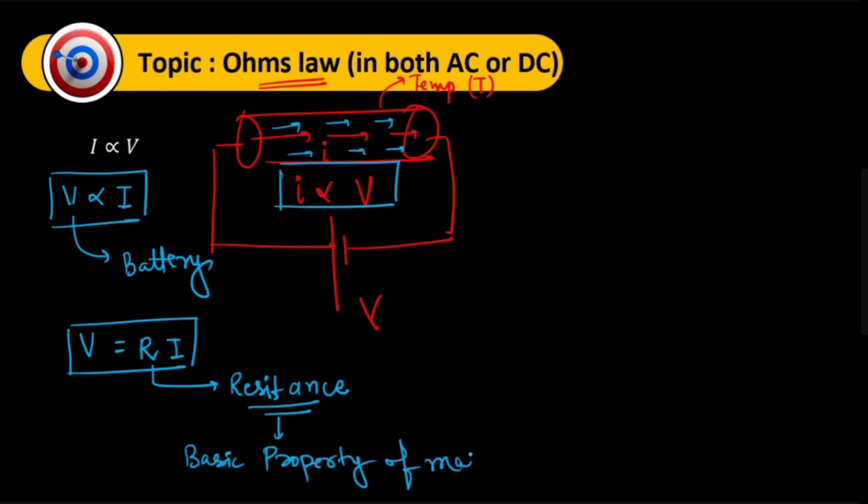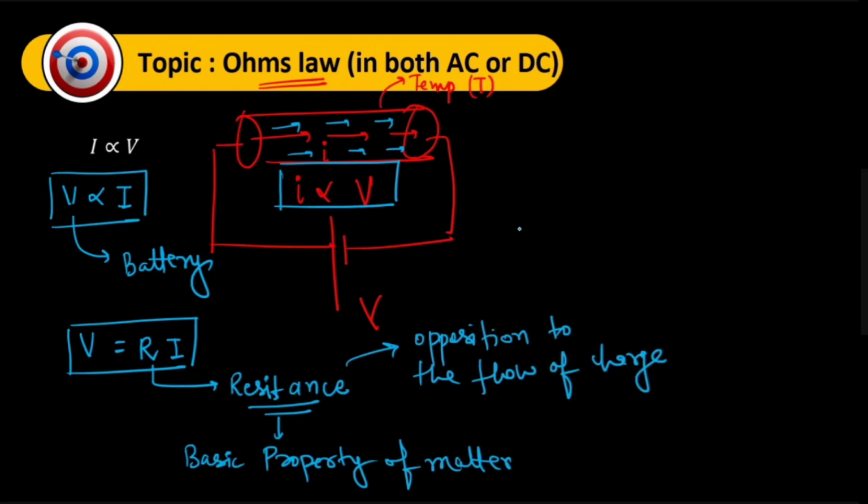Every matter around us has some sort of resistance, and it is something we call opposition to the flow of charge. So in every conductor, whatever conductor it is, it might possess some sort of resistance to the current.